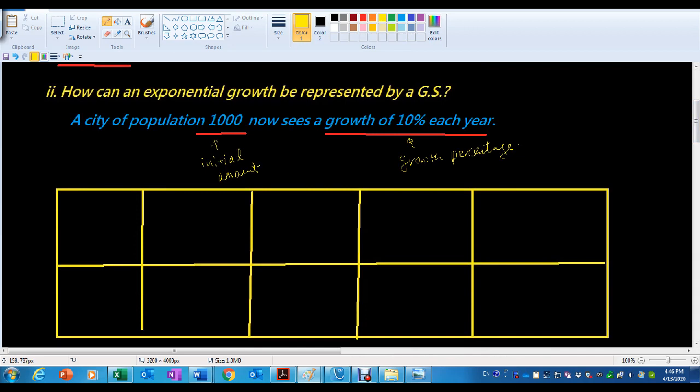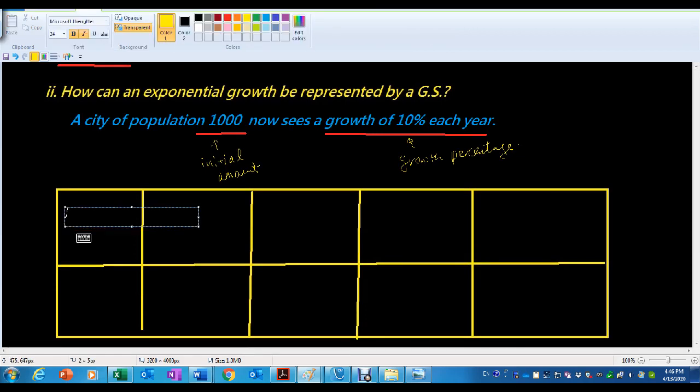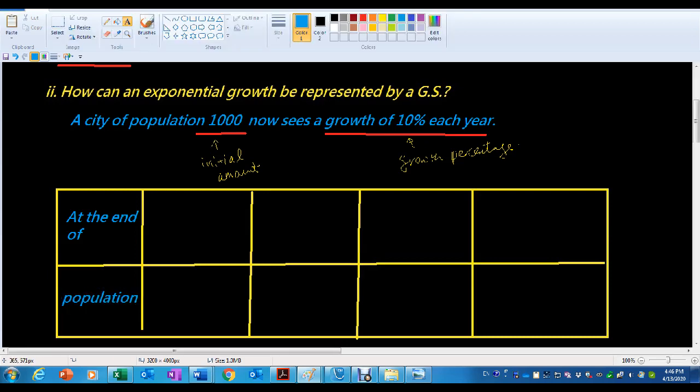Let's write at the end of the first year, second year, third year, and nth year.